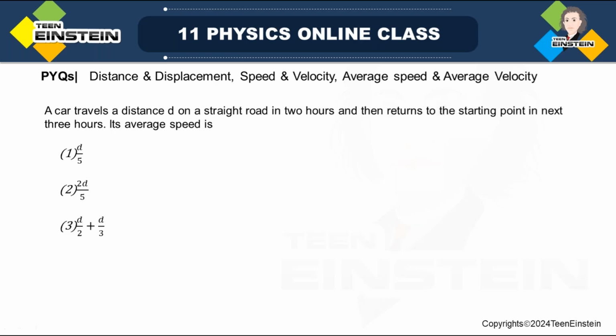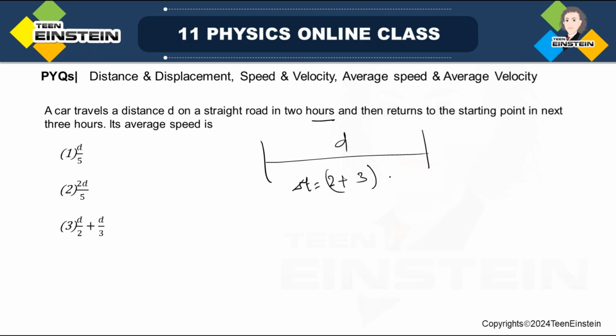Okay, so let me just do this. A car travels a distance d on a straight road in 2 hours, then returns to the starting point in the next 3 hours. Its average speed. See, some distance d. It goes in 2 hours and comes back in 3 hours.